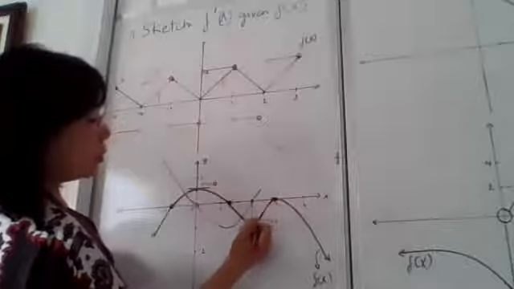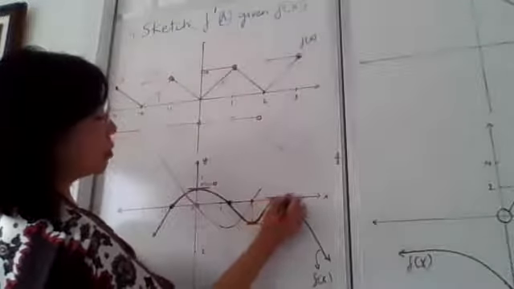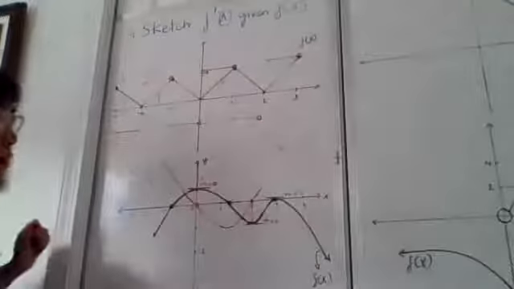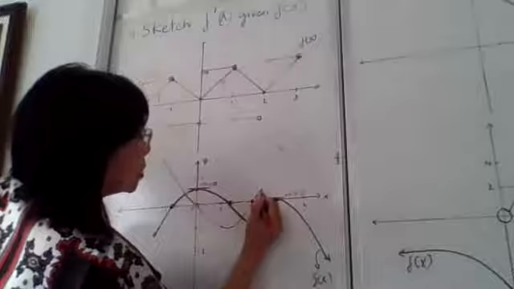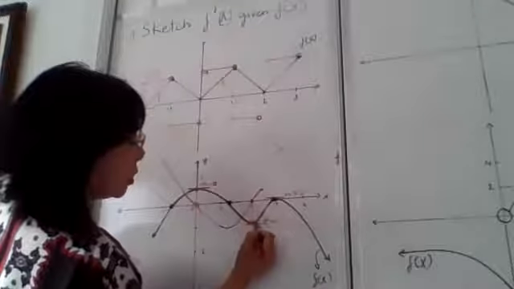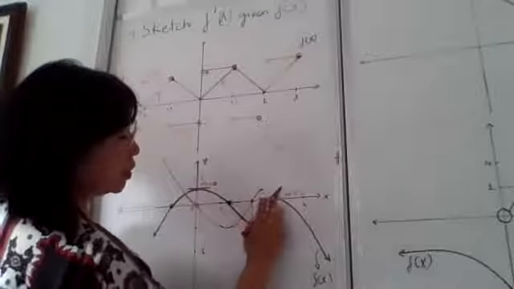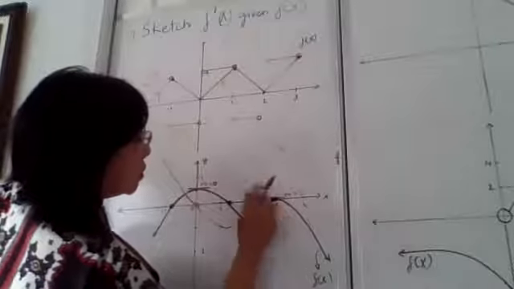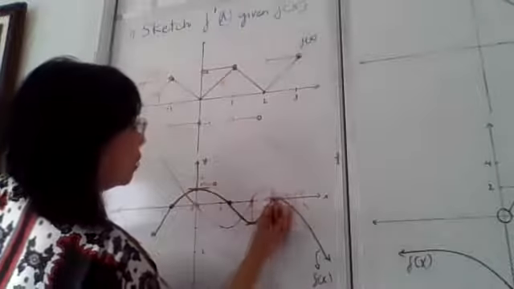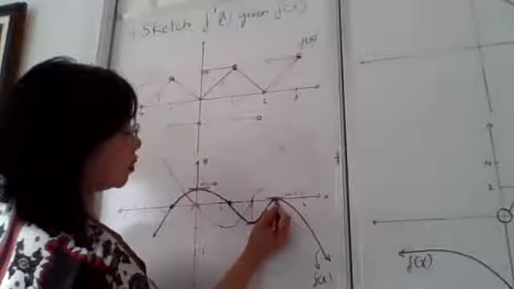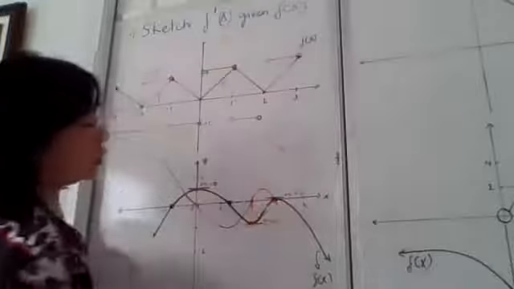Now at this point, we have a horizontal tangent, m equals 0 again. So we know that our derivative function will have a positive slope, right? We have a positive slope because from this segment, the function is increasing. However, our slope becomes 0 at this point, so we'll touch the 0 point.